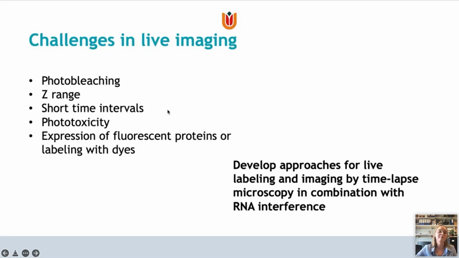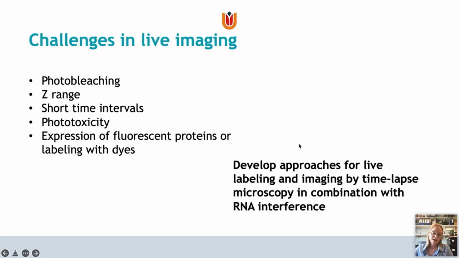So it would be best to have a quick way to label them and visualize them, which we can do with dyes. But conventional dyes such as Hoechst and phalloidin are often very toxic and also better for fixed cells.